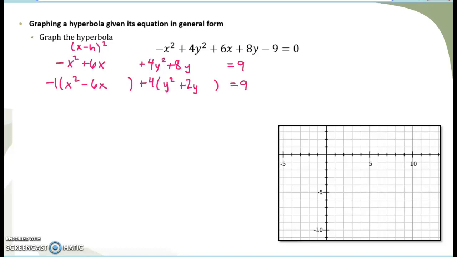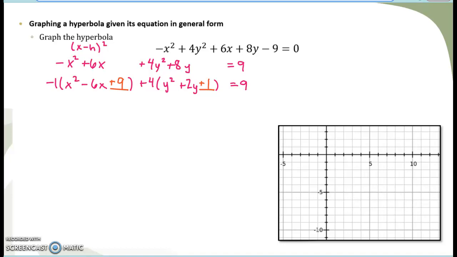I talk about completing the square more in depth in the ellipse videos and circle videos, but I need to add something here. What I add is negative b over 2a, and then I square that whole portion. So what I'm going to add here is 9, and what I'm going to add here is 1.